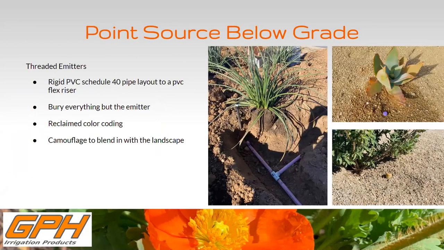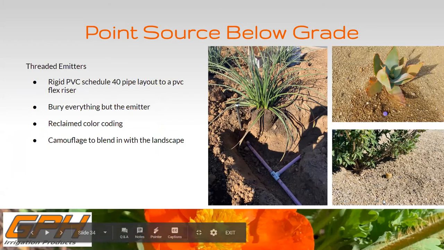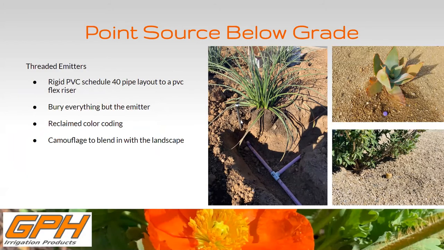This is a point source below grade, which is a little different. Now you're burying all the tubing, and you're not on a slope. Here's the rigid system, and then you have a T here, and you're threading this male adapter in, and here's the riser, and then here's the actual emitter, and this is all you see after it's been buried.